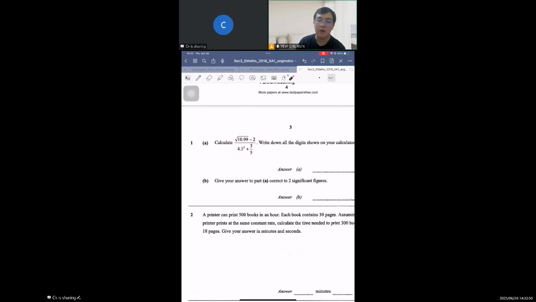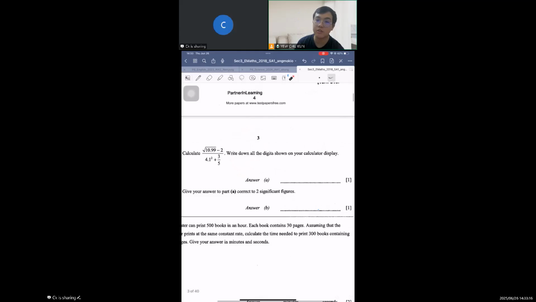So press the fraction button, then square root of 10.99 minus 2, then press the down button, then 4.1 to the power of 2 plus the fraction 3/5. And then write down all the digits shown on your calculator display.